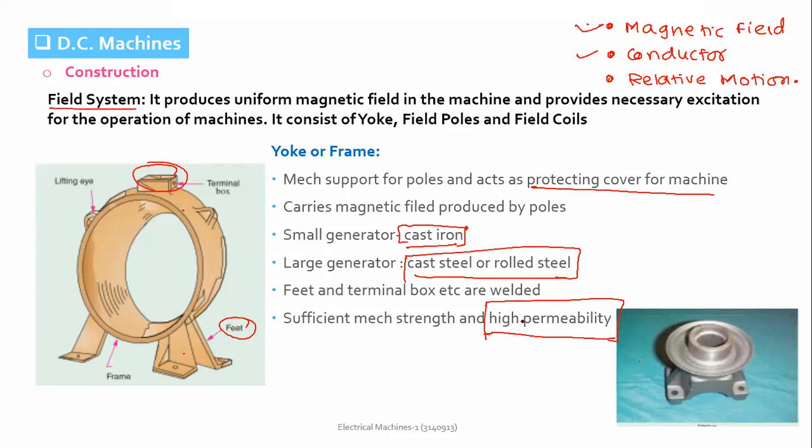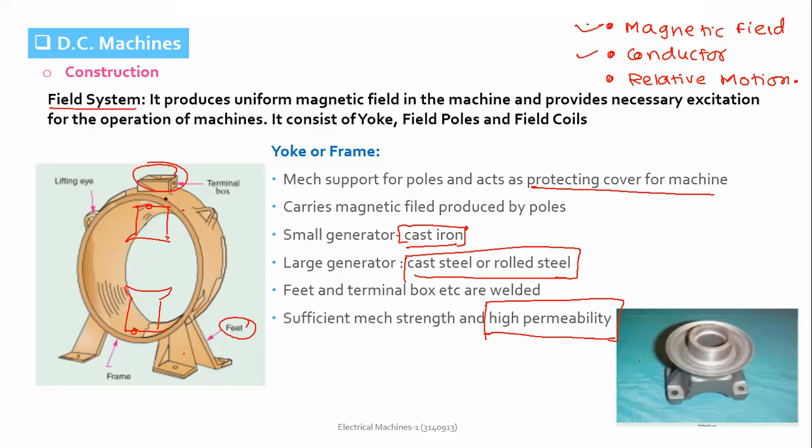Now on the yoke frame, generally the field poles are placed. So it houses field poles like this. Here the field poles are bolted or welded.